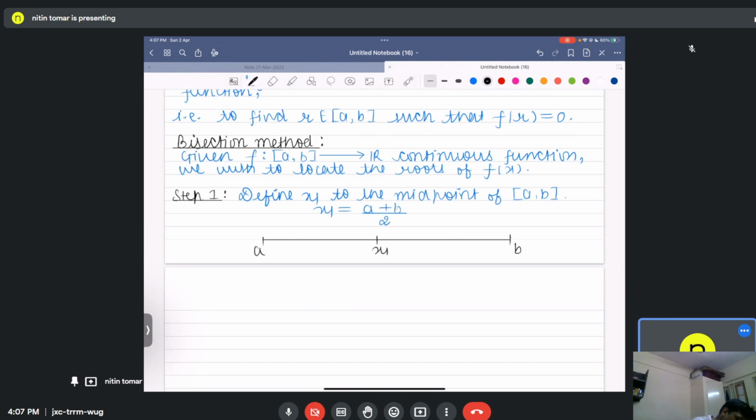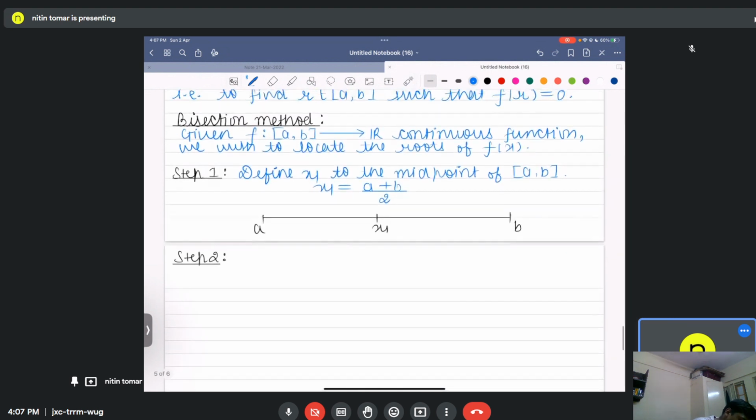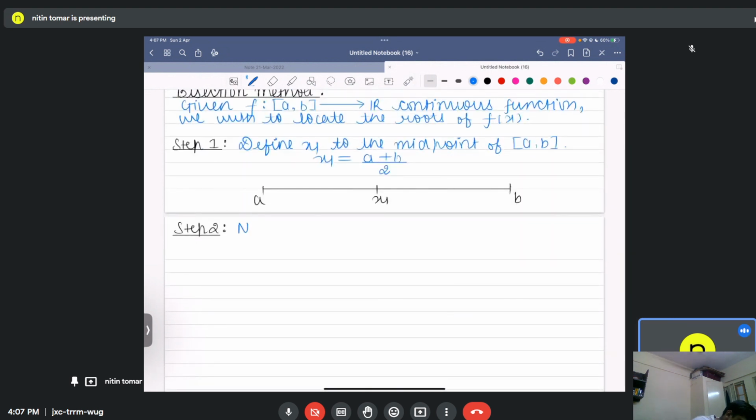Now exactly one of the following two statements holds.